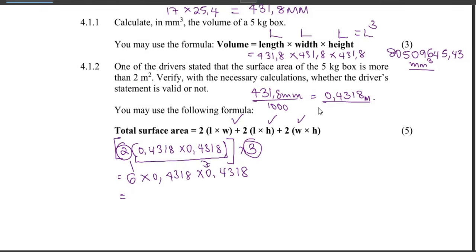So 6 times 0,4318 times 0,4318, which is approximately 1,12 meters squared. So the driver's statement is invalid. The statement is valid.